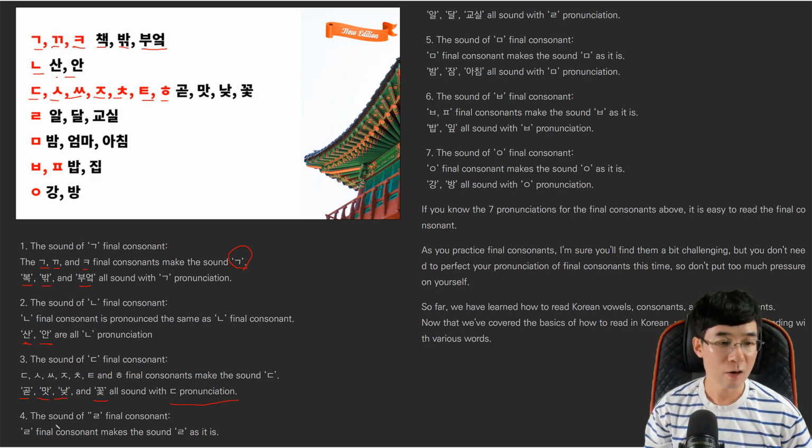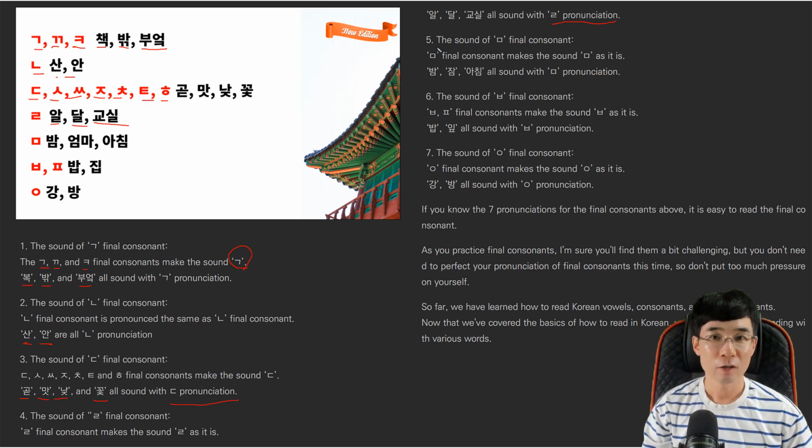Number 4. The sound of 리을 final consonant. 리을 final consonant makes the sound 리을 as it is. 알, egg, 달, moon, 교실, classroom, all sound with 리을 pronunciation.